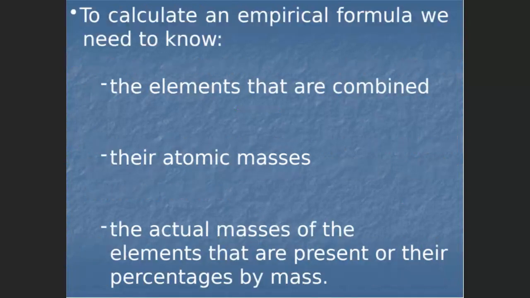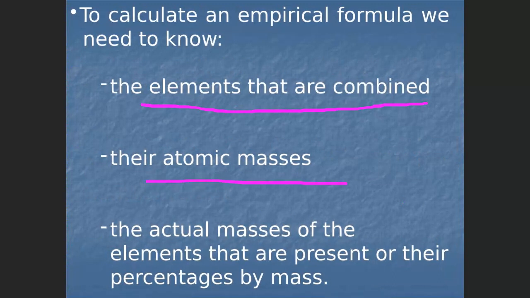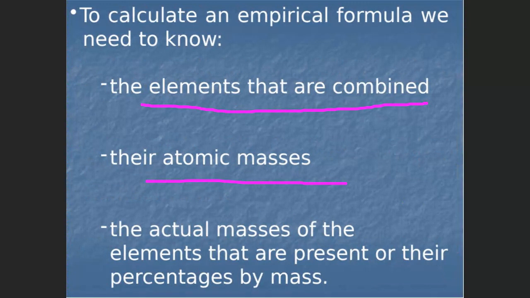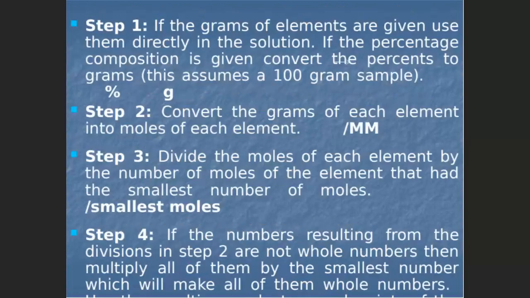To calculate an empirical formula, we need to know the elements in the compound, their atomic masses, and the actual masses of the elements that are present or their percentage by mass. Now, if I say these rules, it's kind of difficult. So let's go through one example step by step and we can come back again here.